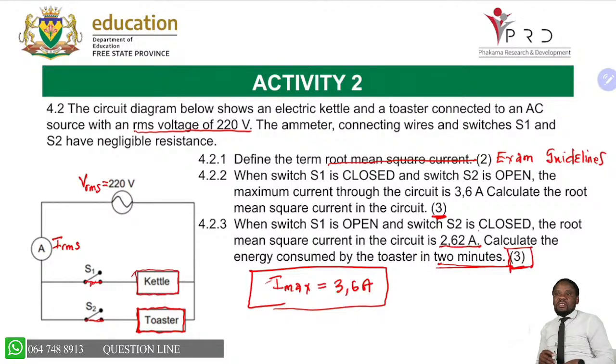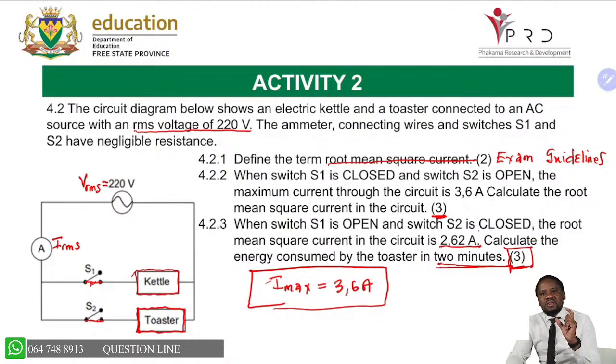So this is a practical example of what, in essence, is a purely resistive circuit. Now, what is also important with this particular circuit is the knowledge from grade 10 and 11 that if a component is connected in series, the current passing through the source is equal to the current passing through that resistor.